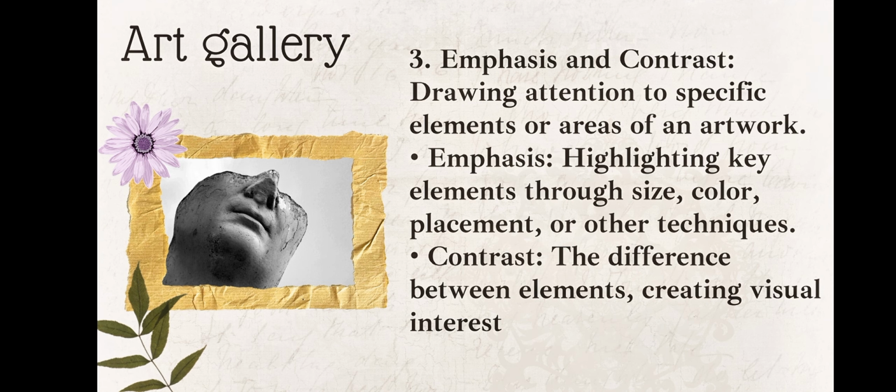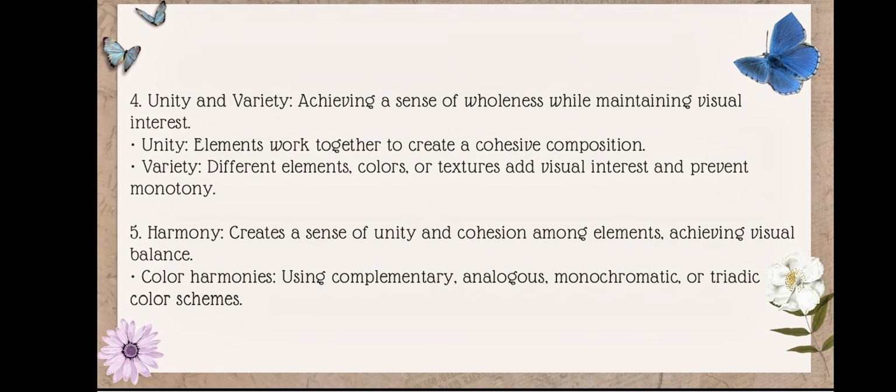Emphasis and contrast: drawing attention to specific elements or areas of an artwork. Emphasis: highlighting key elements through size, color, placement, or other techniques. Contrast: the difference between elements, creating visual interest. Unity and variety: achieving a sense of wholeness while maintaining visual interest.